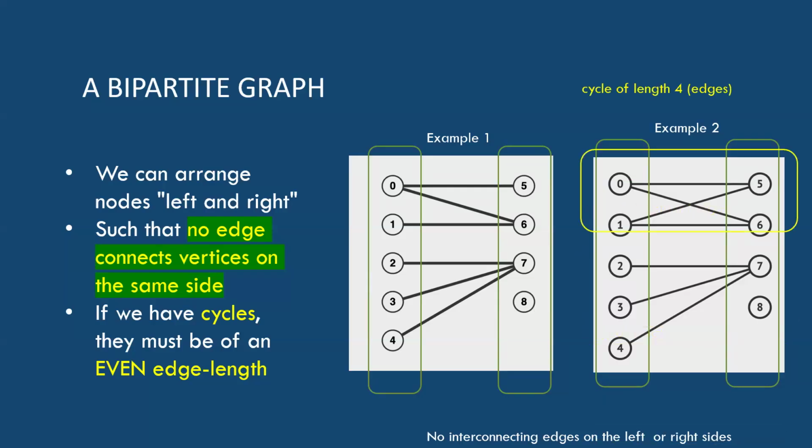Some of them have cycles, but as long as the cycle length is even, we would still consider that a bipartite graph. We'll dig into those a little bit later, but these are great structures for analyzing pairings of things that might happen between two sets, maybe people and jobs, or you have preferred roommates, or preferred rooms that you want to be put into, and we have to figure out how to optimize everybody's choice.